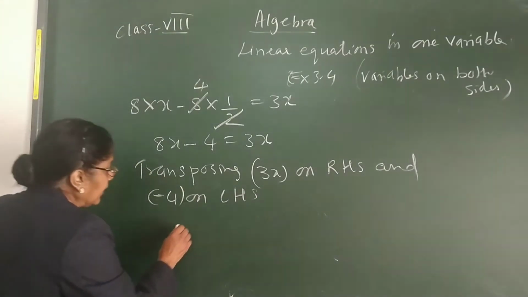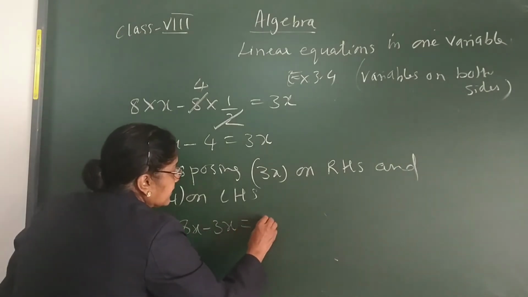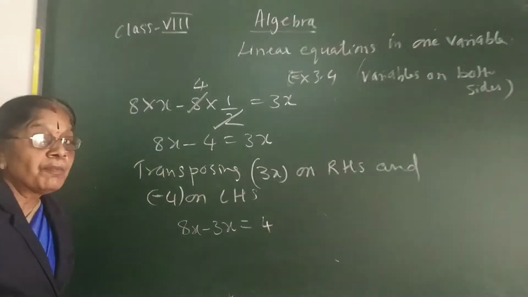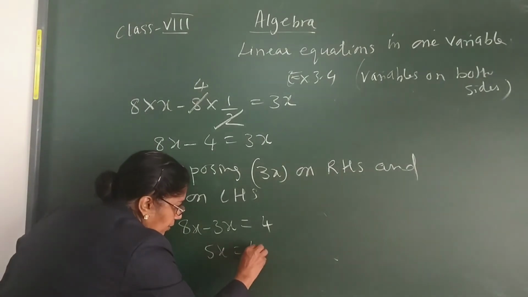So what should we get? 8x minus 3x is equal to 4. How much is 8x minus 3x? It is 5x is equal to 4.